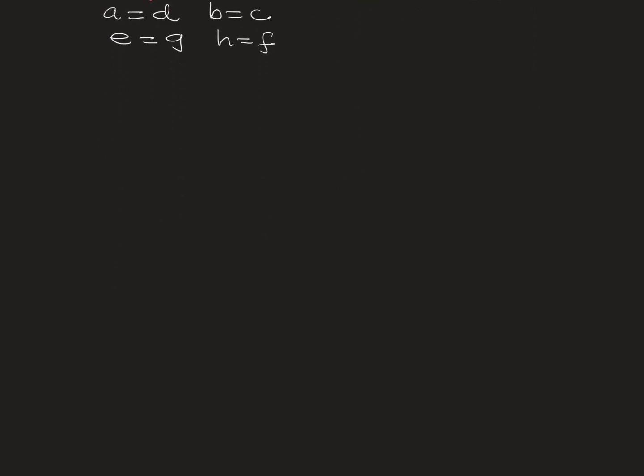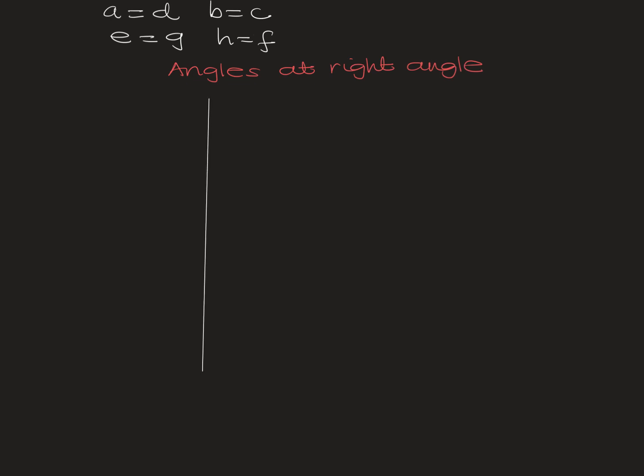So moving on to angles at right angle. If we have two lines that we have like this, and let's say the angle between these two lines is 90 degrees, which means right angle.